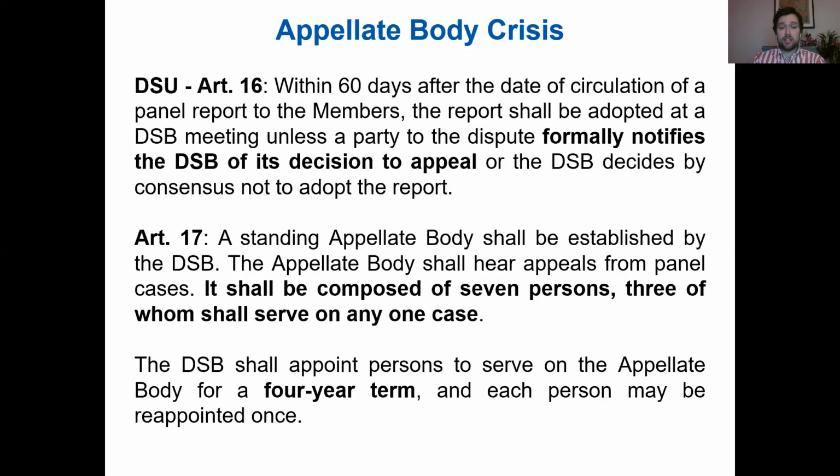And it says that the DSB, same Article 17, the DSB shall appoint persons to serve on the appellate body for a 4-year term, and each person may be reappointed once. So that was exactly the problem that started with the reappointment of the appellate body members from the United States, and it is not the recent problem actually.